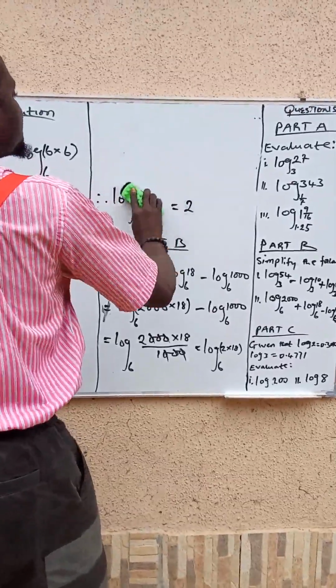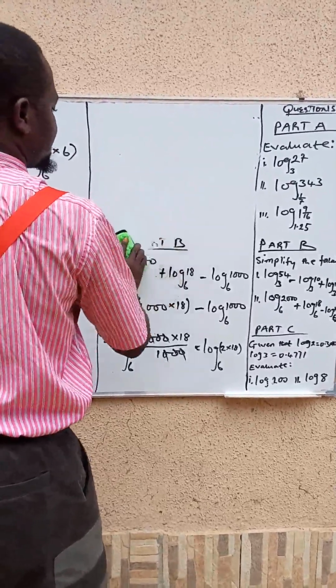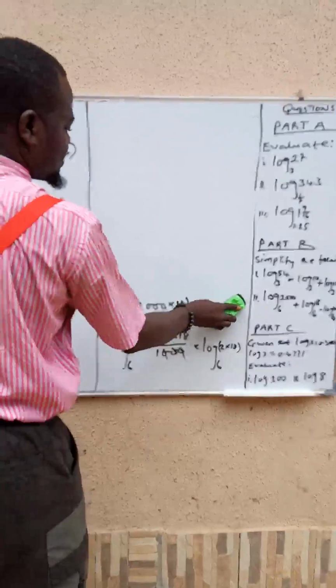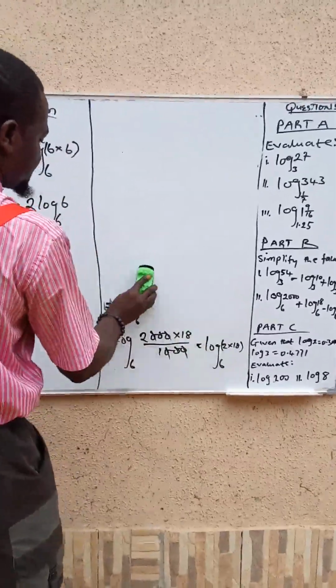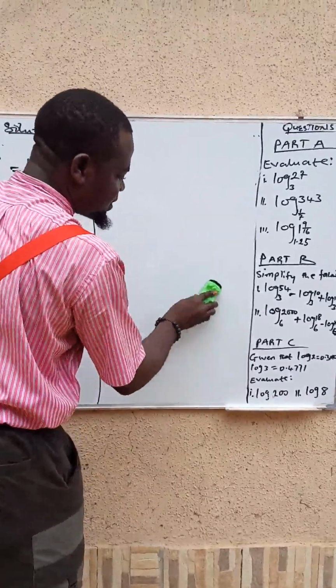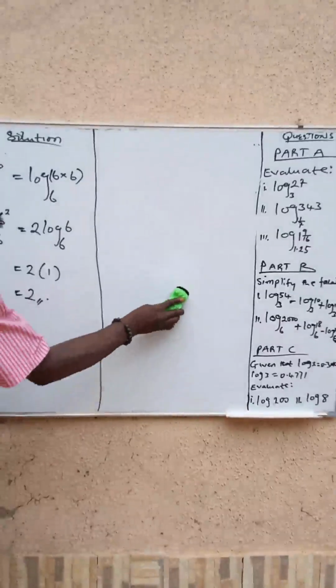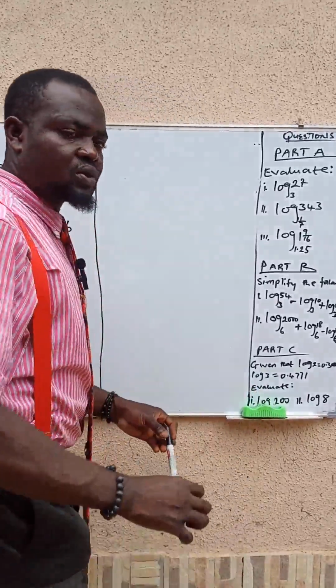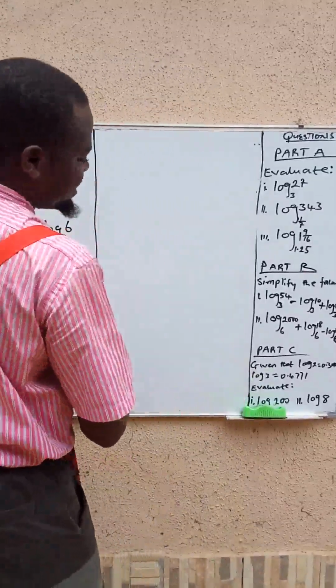Don't think anything too big. 200 can be 2 times 100, and I know that 100 is 10 squared. So you don't need to kill yourself. Now look at this thing here.